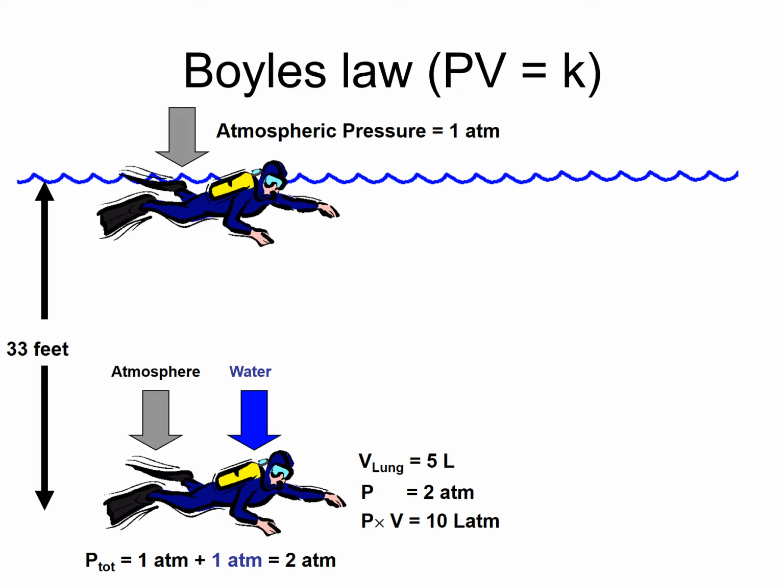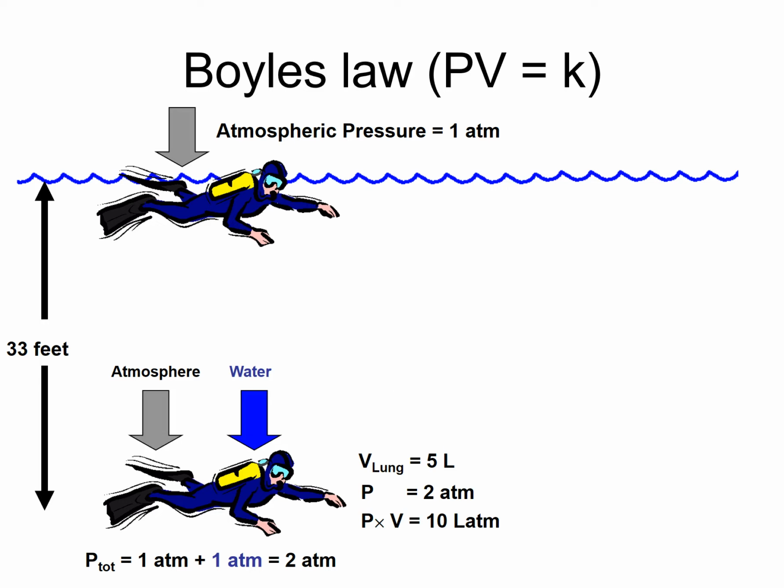An important constant. Pressure times volume is 5 times 2, and that's equal to 10. And the units of pressure and volume just carry over. Volume is liters, pressure is atmospheres, and so the constant that we calculate is 10 liter atmospheres. Well, good. If Boyle's law is going to work throughout this problem, then we know that whenever we've got pressure and volume, the two multiplied together, they must give us the same 10.